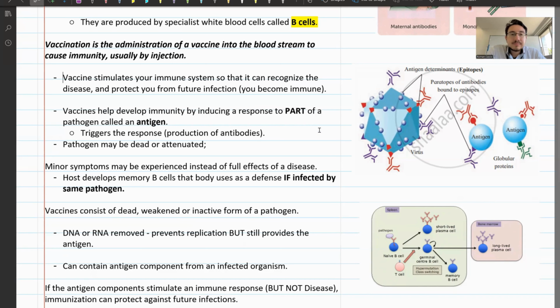All right. Any part of a pathogen is referred to as an antigen. Antibody generating. So you trigger a response to produce these antibodies, and you can produce that immune system.